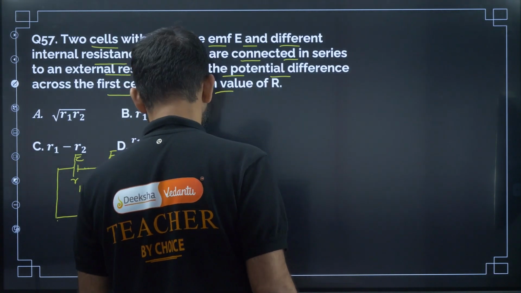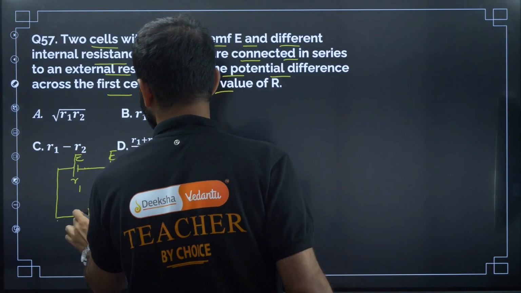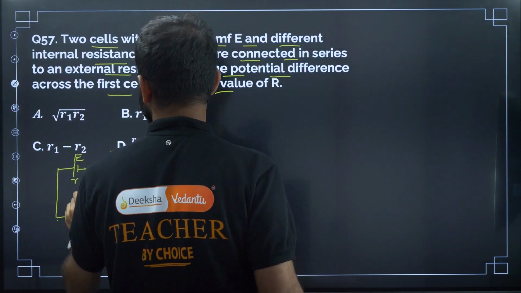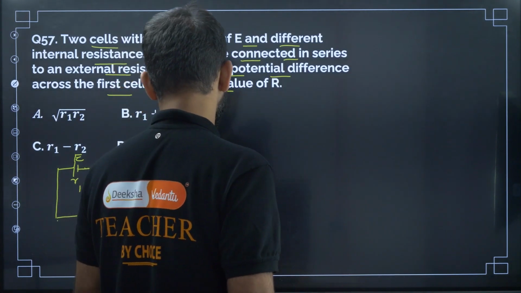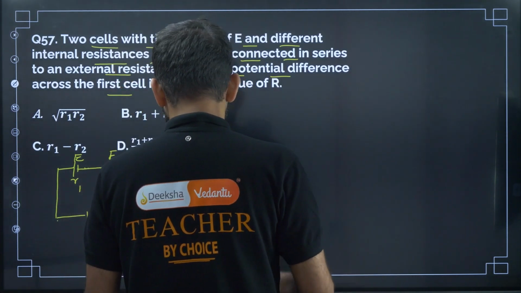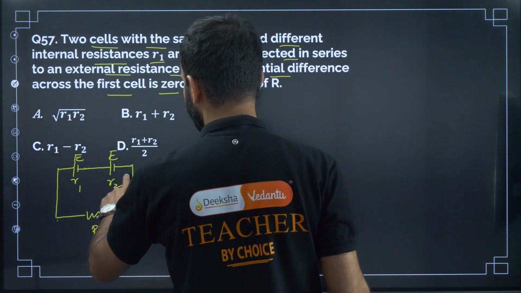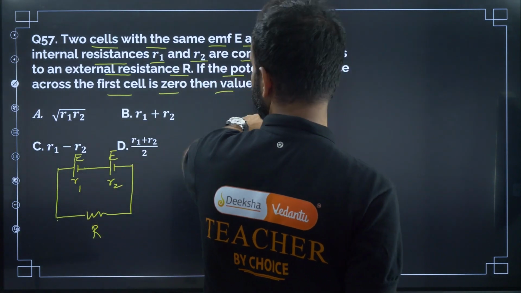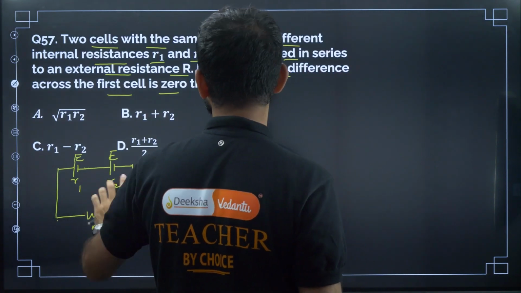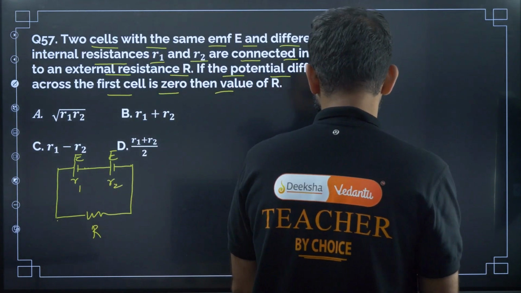Sorry, here this will be the external resistance R. According to the question, the potential difference across the first cell is 0.